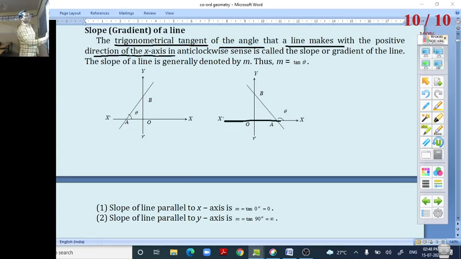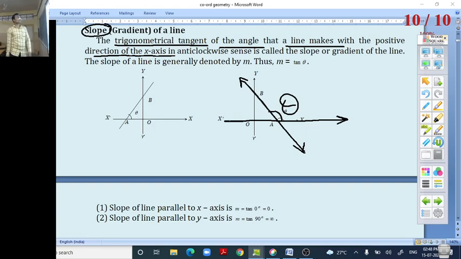This is the positive direction of the x-axis, and the angle this line makes with it I can call theta. This is the slope, or gradient, of a line, measured in the anti-clockwise sense.